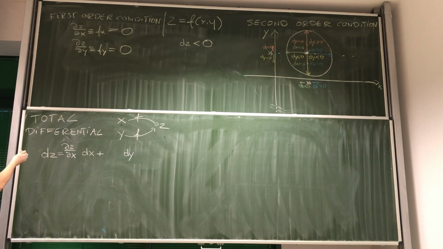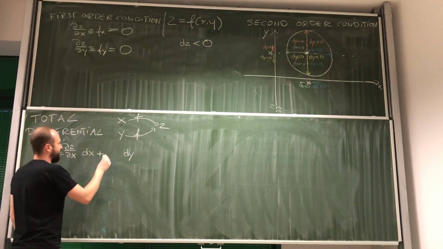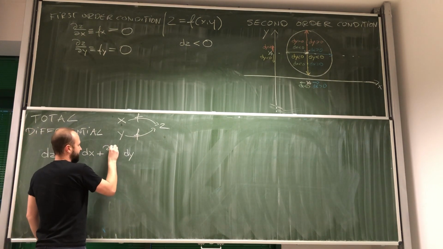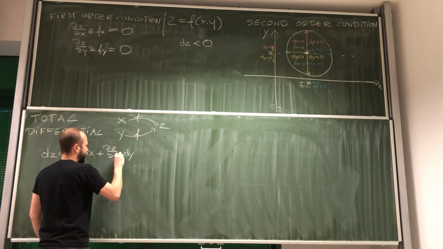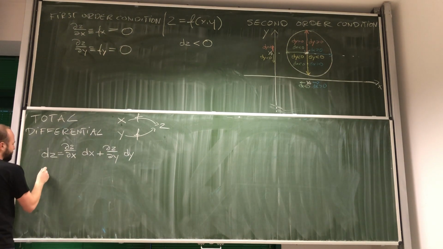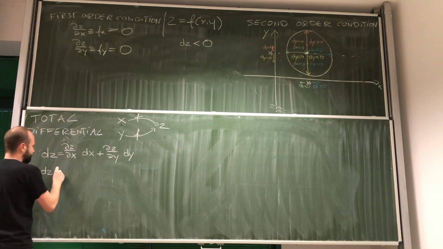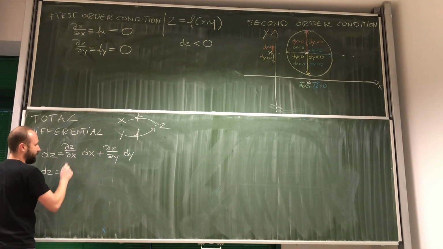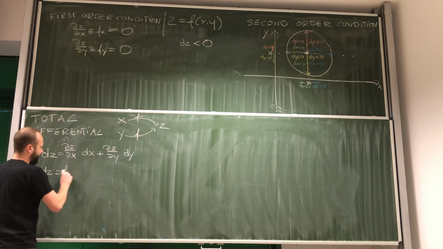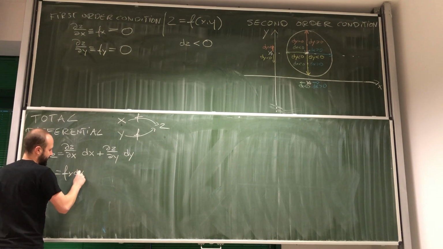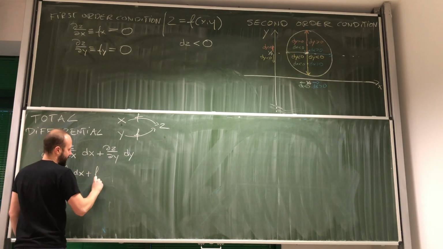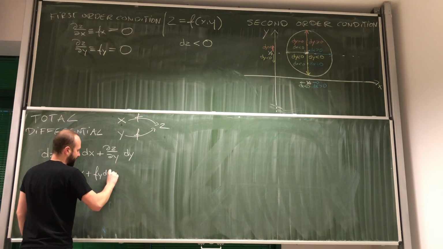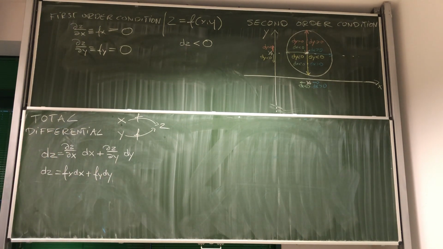And how z is changing when y is changing is described by partial derivative dz dy. Or more simply put, we've got dz is equal to fx dx plus fy dy. Right, let's use this notation because things are going to get slightly more complicated this time.